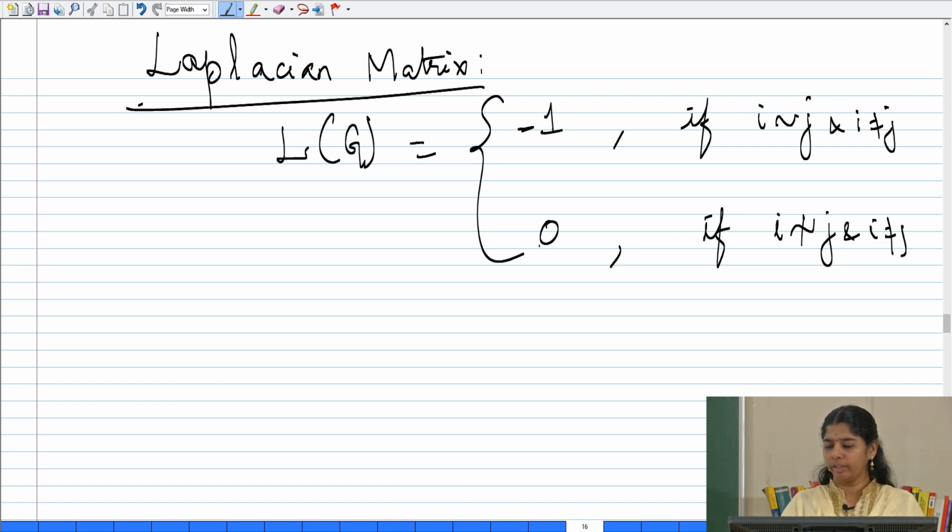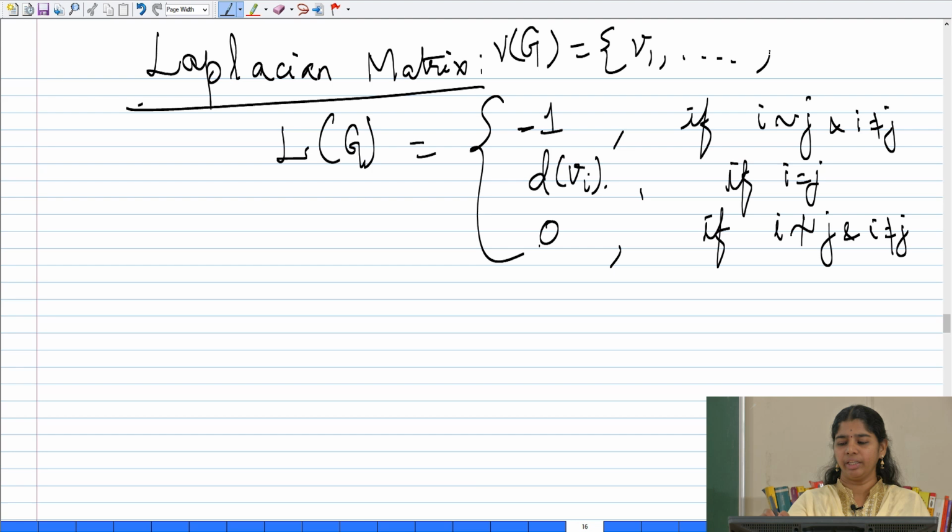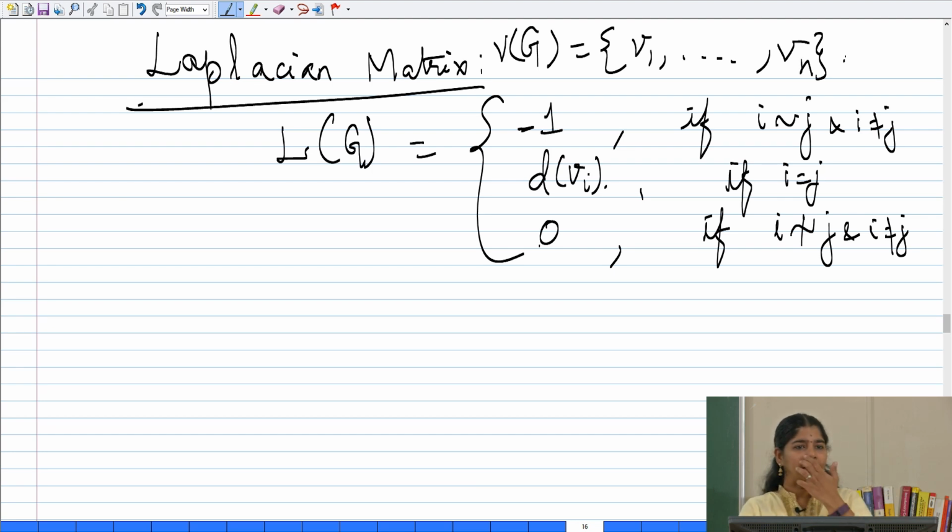Let us now concentrate on simple graphs. The diagonal entries, if i is equal to j, are nothing but the degree of the vertex, say d of the vertex Vi. So V of G has the vertices V1, V2, ..., Vn, and obviously L is an n by n matrix.